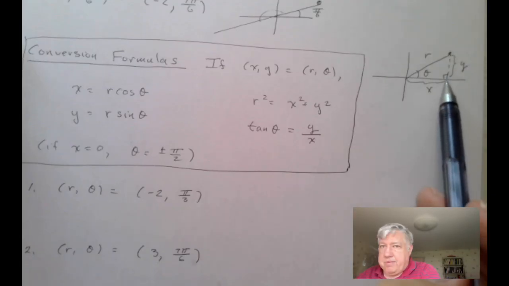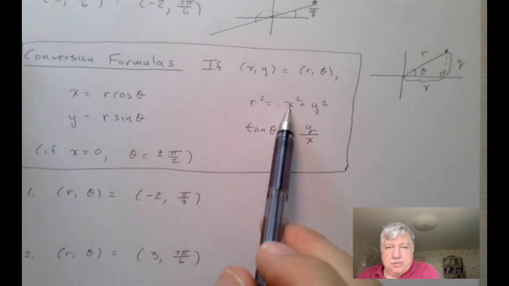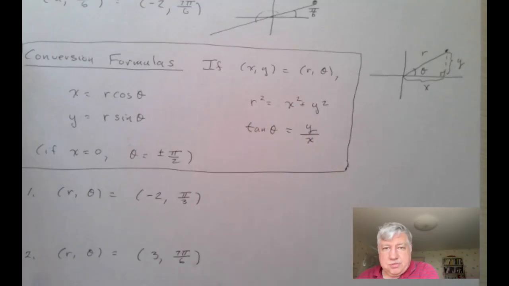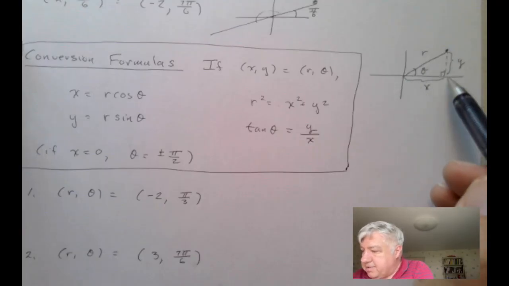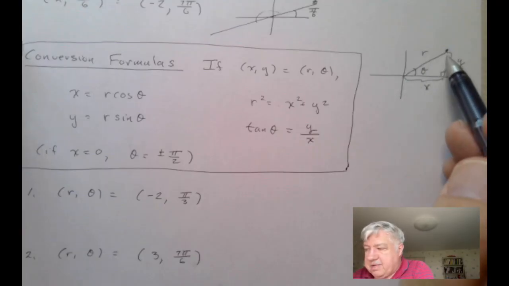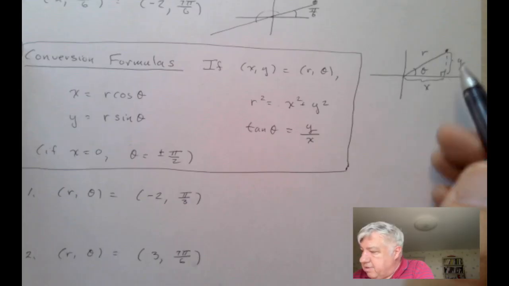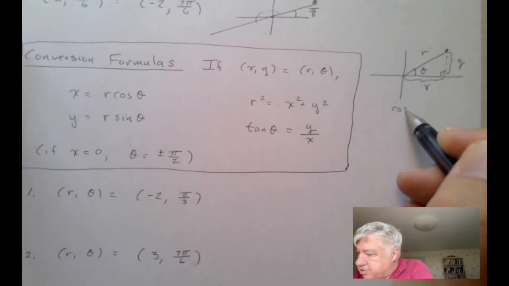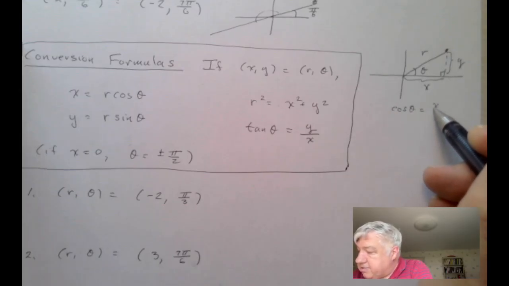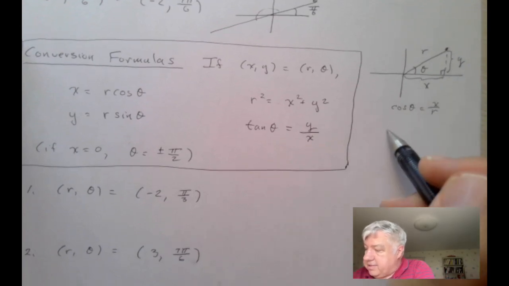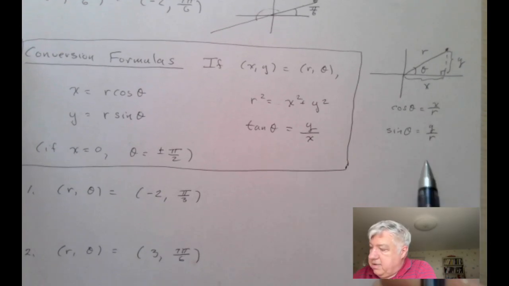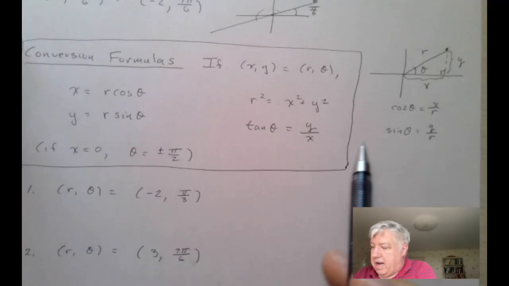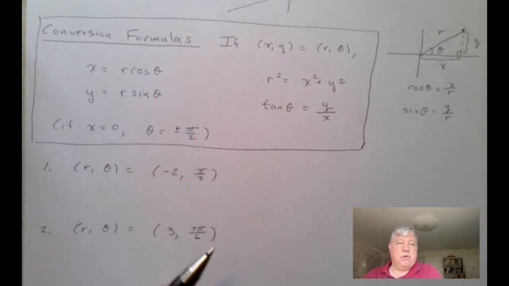By the Pythagorean theorem, x squared plus y squared is equal to r squared. From basic trigonometry, because r is the hypotenuse, x is the adjacent, and y is the opposite, cosine of theta is equal to x over r, and sine of theta is equal to y over r. We can just multiply both sides by r, and we get these equations here.